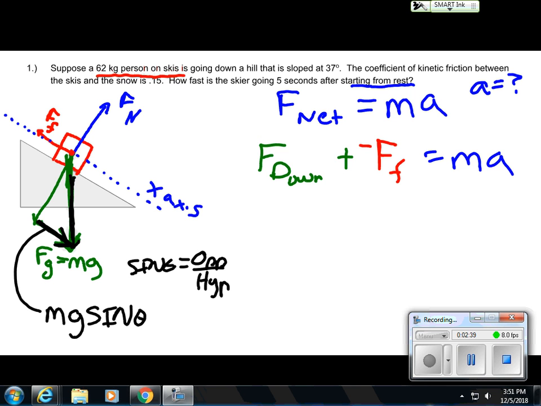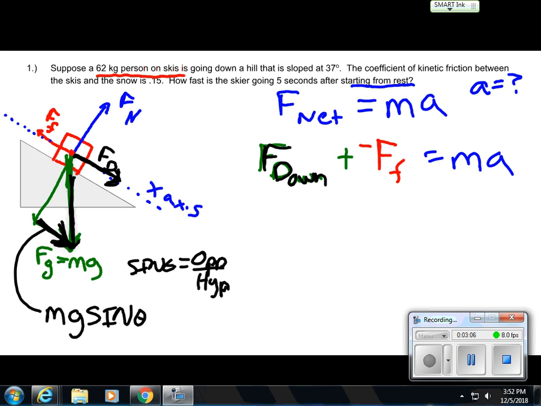Here's your hypotenuse, and here's your opposite vector. Trying to draw it thicker. Okay, now going down, here's your F down. So I took this black vector and made it go parallel. All right, so this is my force down vector due to gravity.